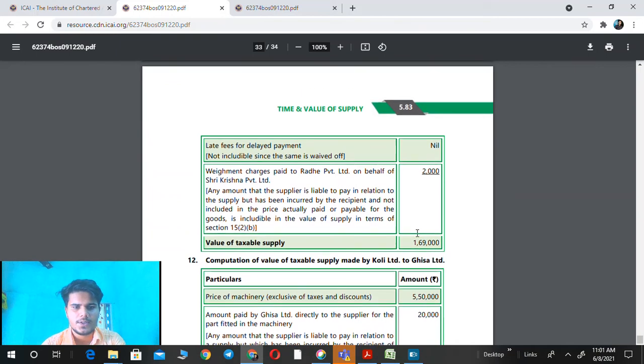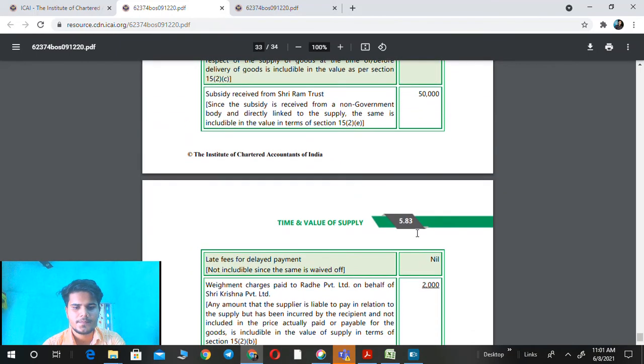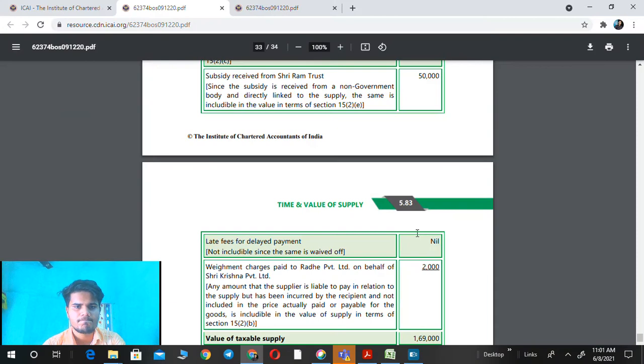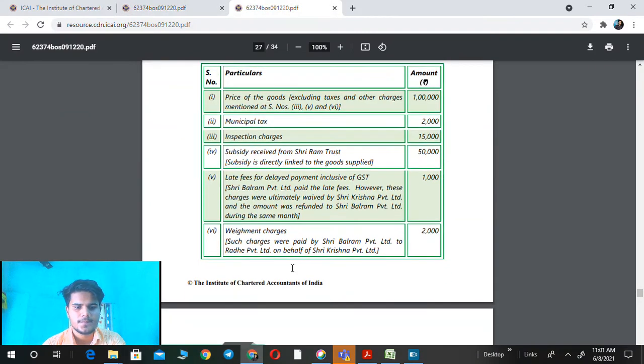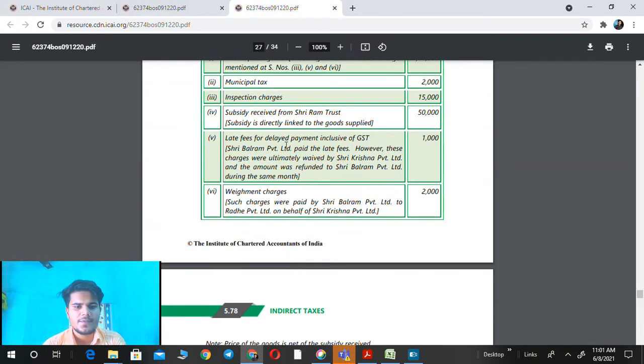One lakh 69,000. Late fees for delayed payment inclusive of GST. Sri Balram Private Limited paid the late fees. However, these charges were ultimately waived by Sri Krishna Private Limited, and the amount was refunded to Sri Balram Private Limited during the same month. So sorry, I have already told you that late fees should be actual, not notional.